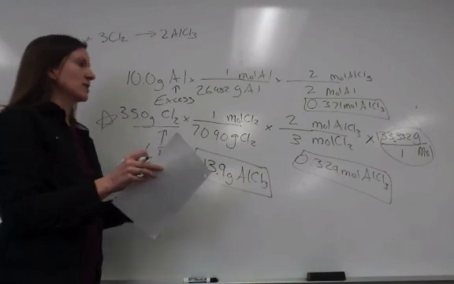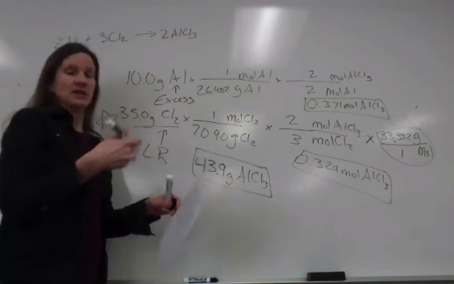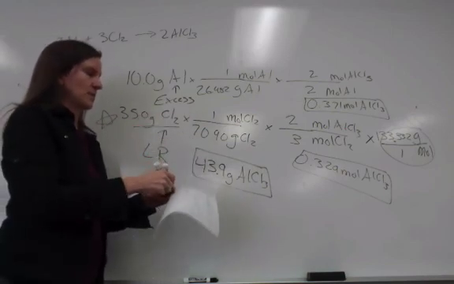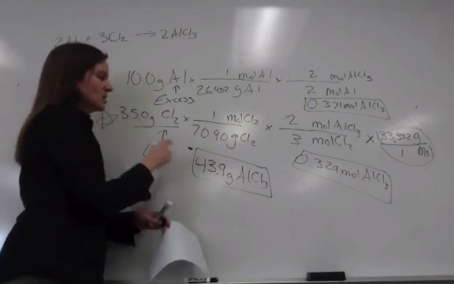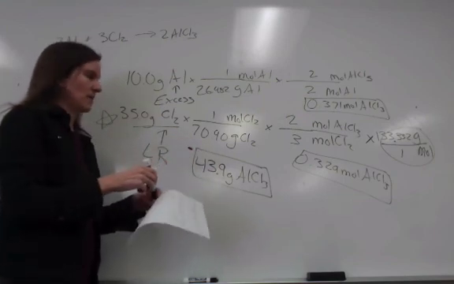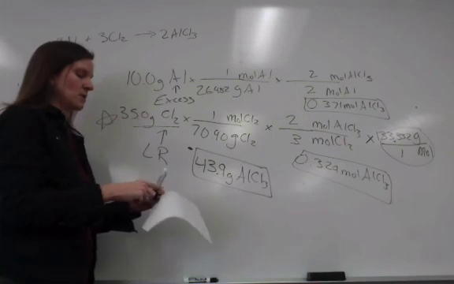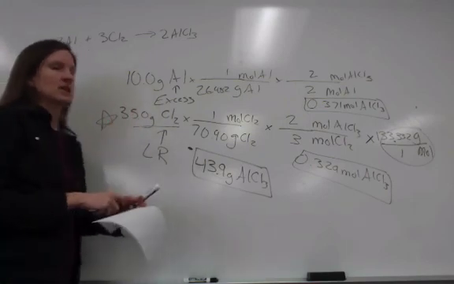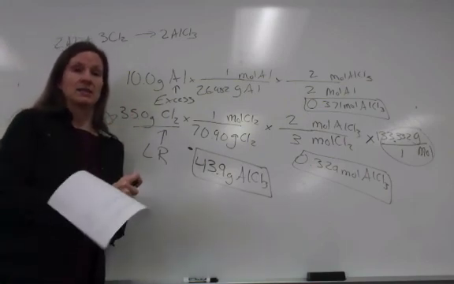Again, if you took the top one, you would find it's bigger, just like the mole amount is bigger. So this is the actual answer to the question, how many grams of product can be formed. Chlorine is your limiting reactant, aluminum is your excess reactant.